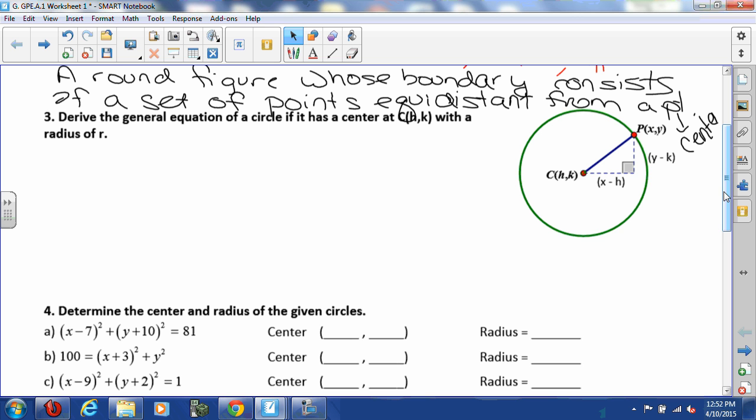Do you agree? How do we find the length of this? This is old. How do we find the length of a segment? I'm not looking at the triangle.